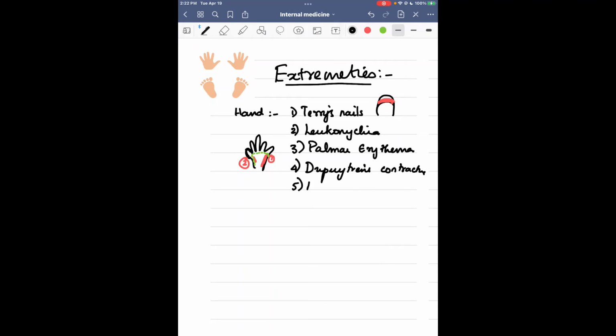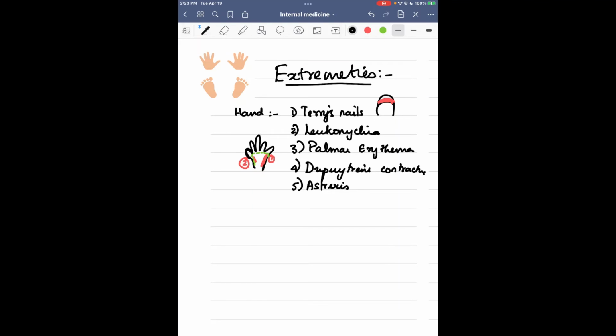And then asterixis. Asterixis is an involuntary movement in the hand, usually again seen in advanced liver disease. We also call this flapping tremor, where you extend the hand, and when you release it, the person will have tremors, like flapping their hands.